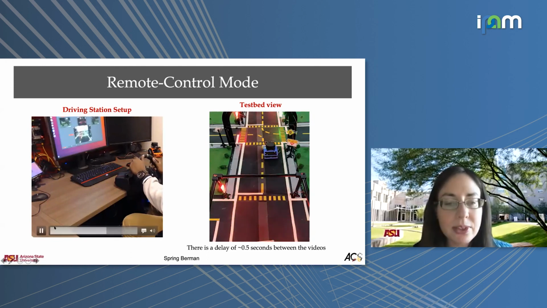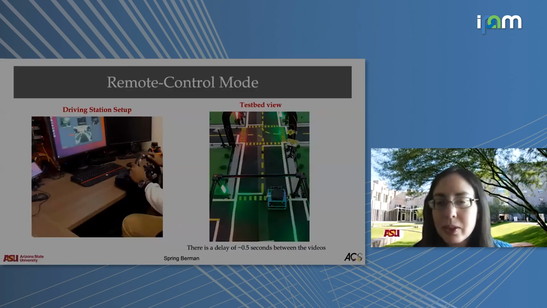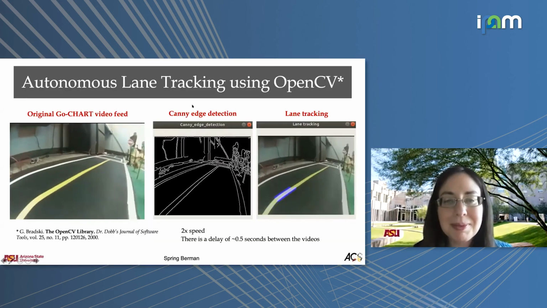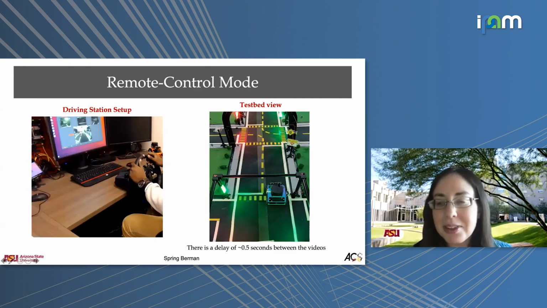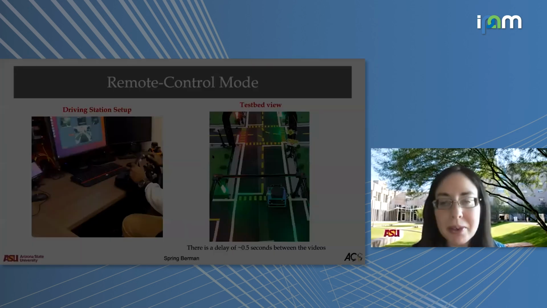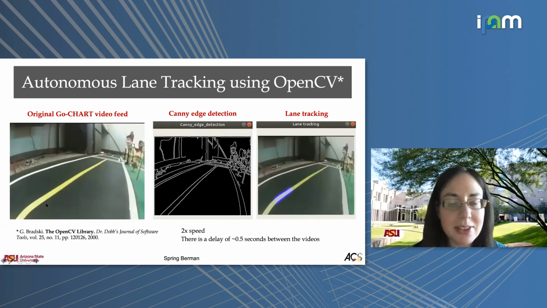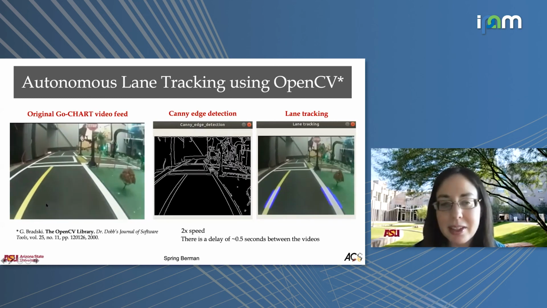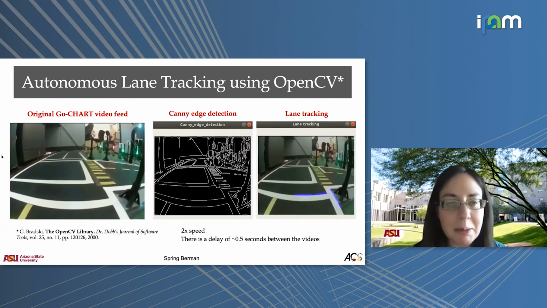On the left, he's steering and viewing the first person view through the robot. And on the right, we see the robot going. In remote control driving, it can detect a red light and stop, as we'll see.